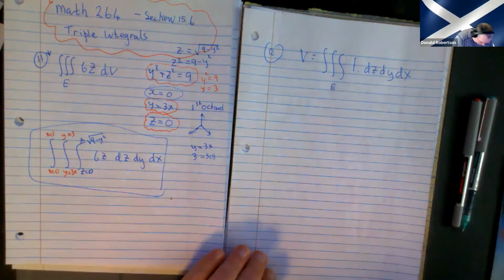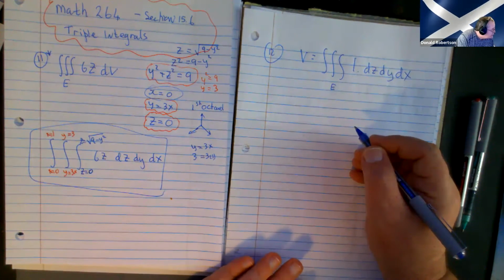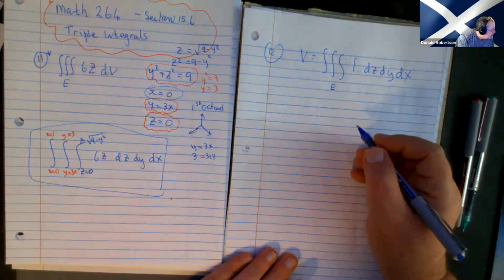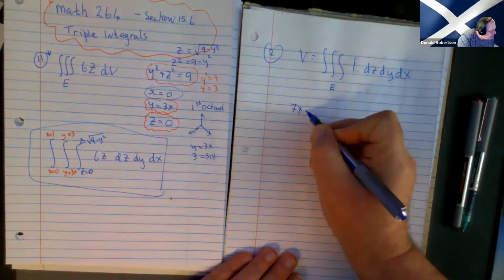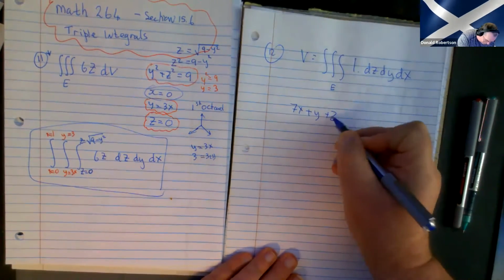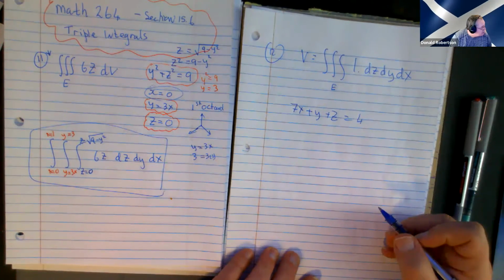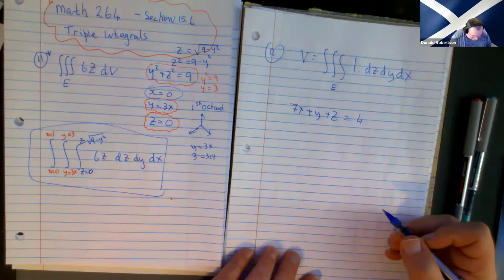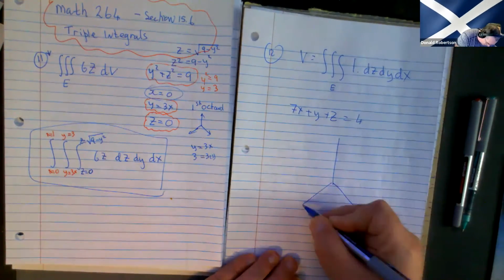So back to the question here. We are looking for a tetrahedron enclosed by the coordinate planes. So they tell us 7x plus y plus z is 4. And I'm going to have to sketch this thing to see what they're talking about.